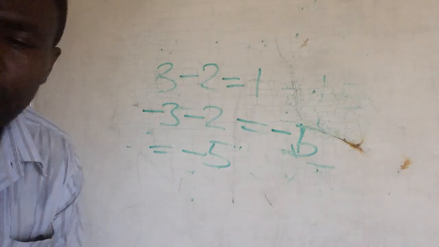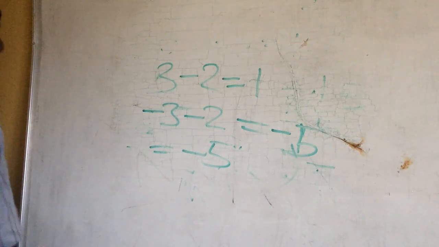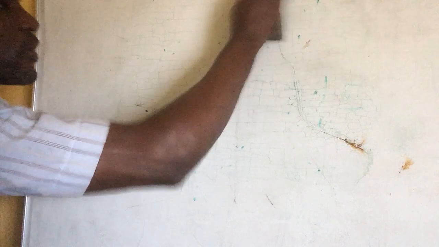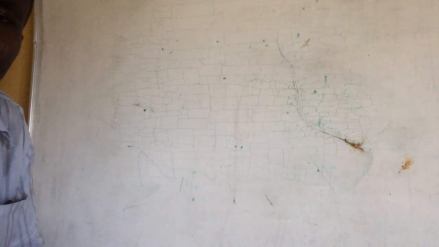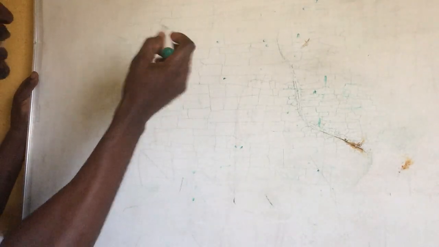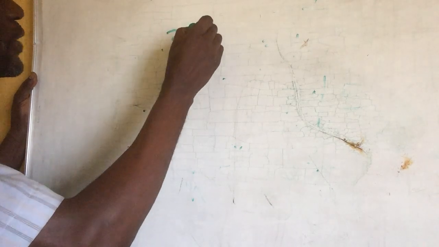Then another confusion for students in this case is that some students find it difficult. What I'm trying to clear is basic mathematics. Some students find it difficult when they see something like 3 minus 2.